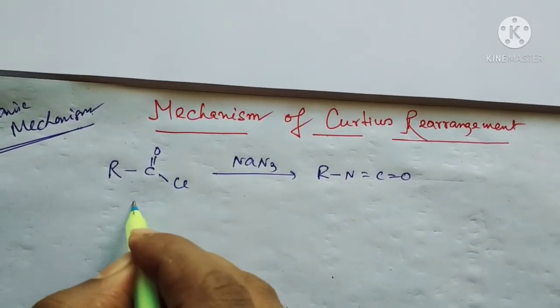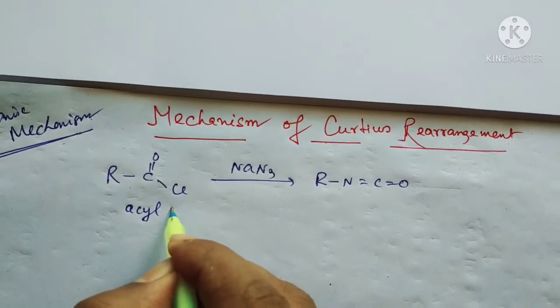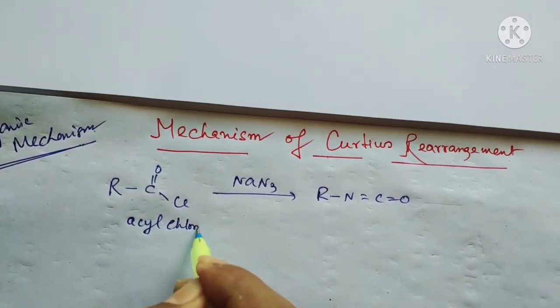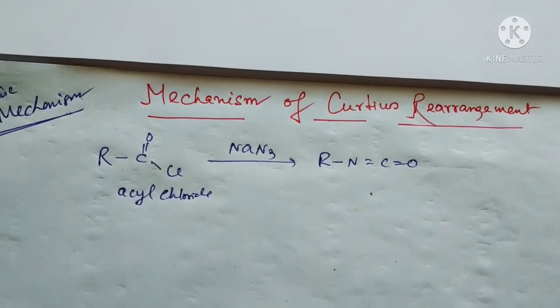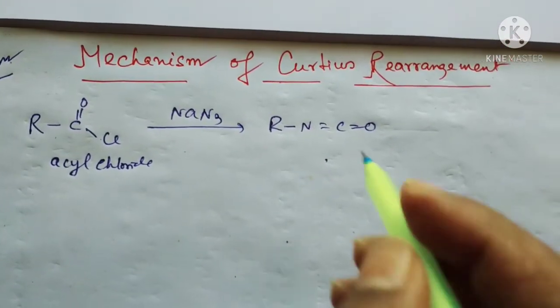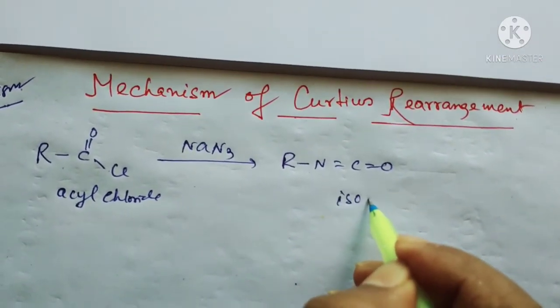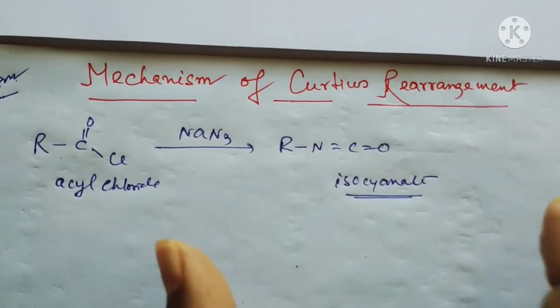This is actually our acyl chloride. It converts into isocyanate. This isocyanate actually is stable.